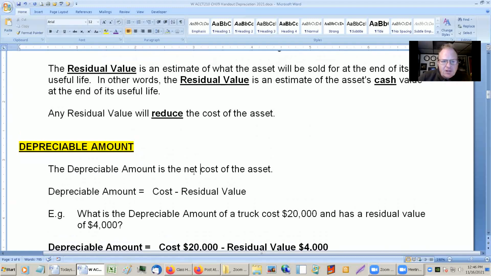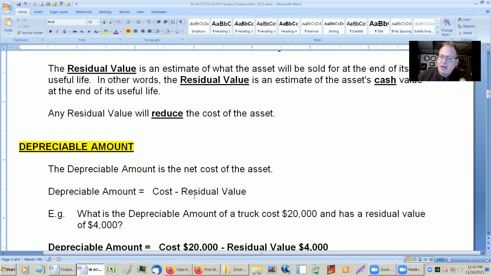Now, notice something here, though. You have the cost, whatever it is, but we're going to get some money back. So this residual value will actually be cash that will be returned to us. So whatever the cost was, we're going to get some money back, and that's going to reduce the cost.